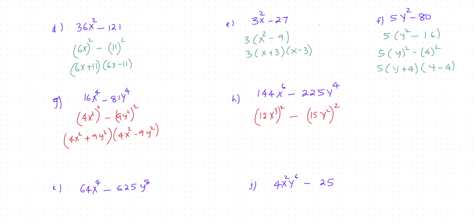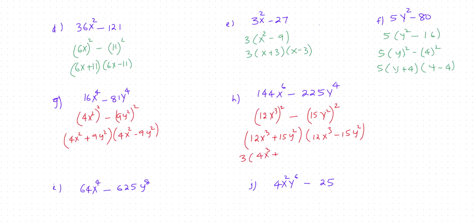Now we write a plus b, a minus b expression. So 12x cubed plus 15y squared, one factor. Other factor will be 12x cubed minus 15y squared. Again, we see anything common we have in the two terms. We can divide both by 3. So take out 3 common. So we get 4x cubed plus 5y squared.